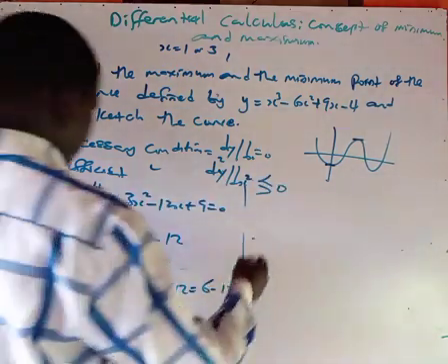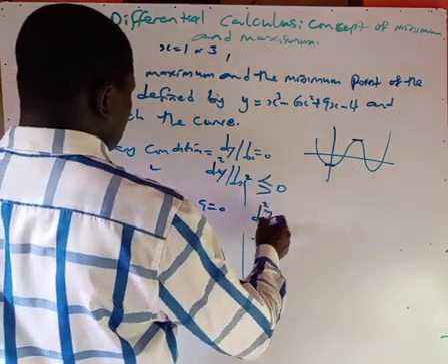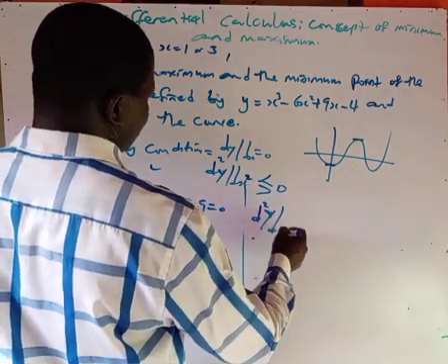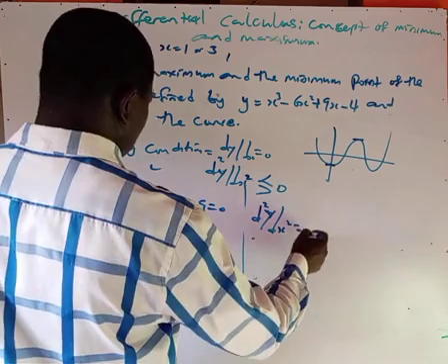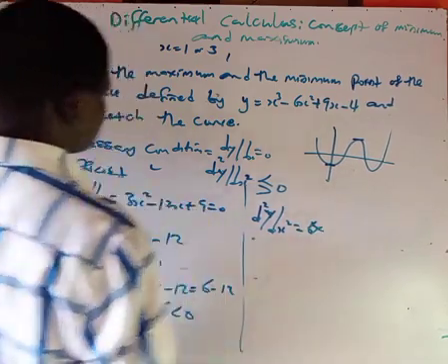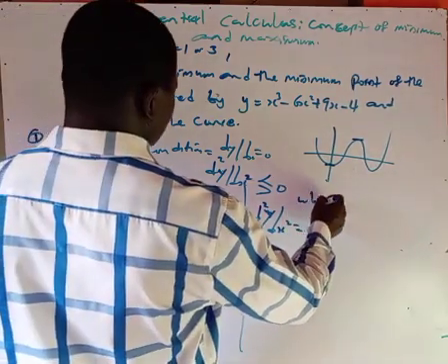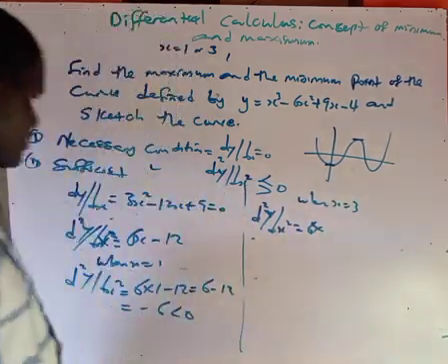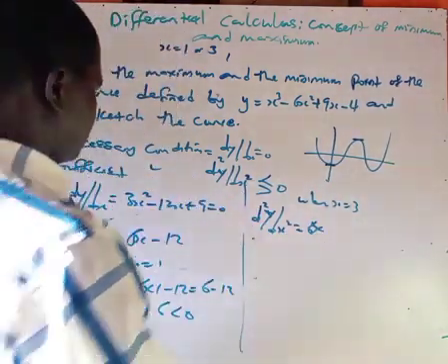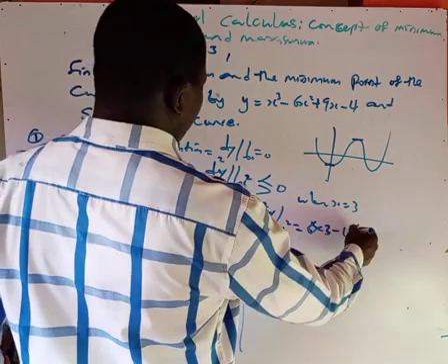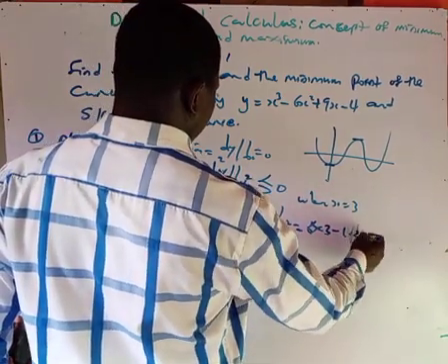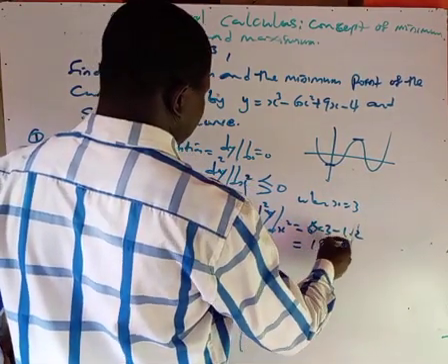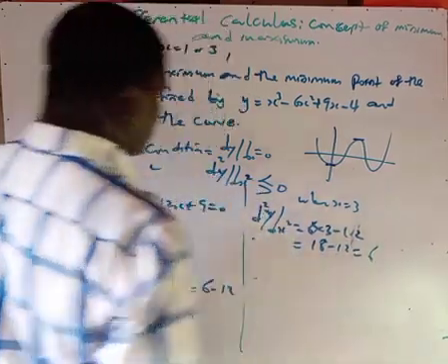So that's it. Again, d squared y over dx squared equals 6 times, when x is 3. So 6 multiplied by 3 minus 12. So you will have 18 minus 12, which is 6.